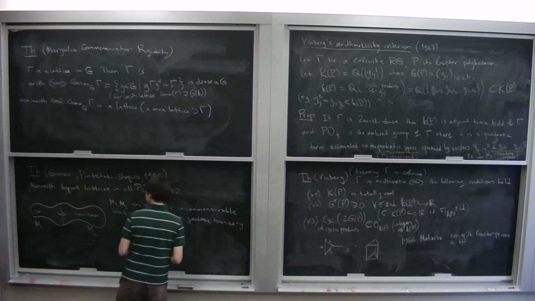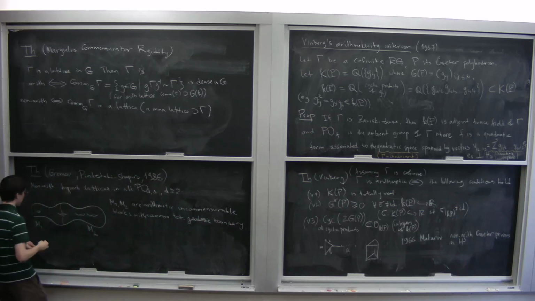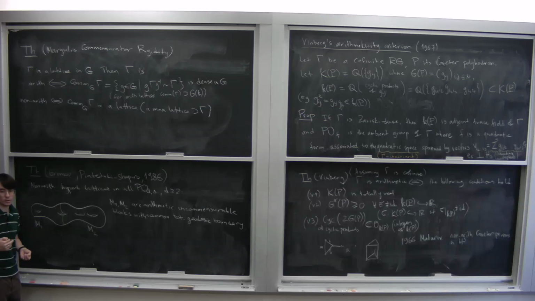So in fact, you start with two complete arithmetic hyperbolic manifolds, having the same totally geodesic, isometric totally geodesic hypersurface. Then you cut along this hypersurface and then glue together.